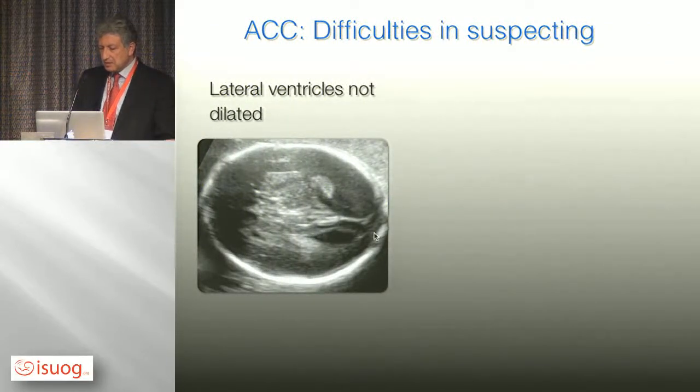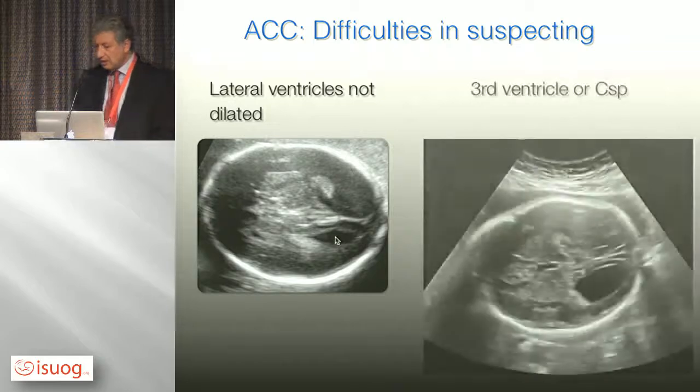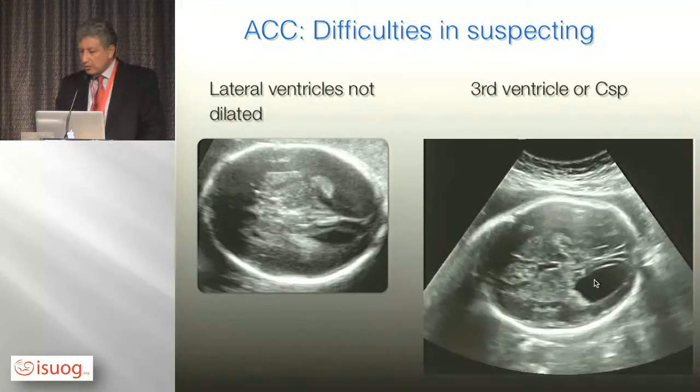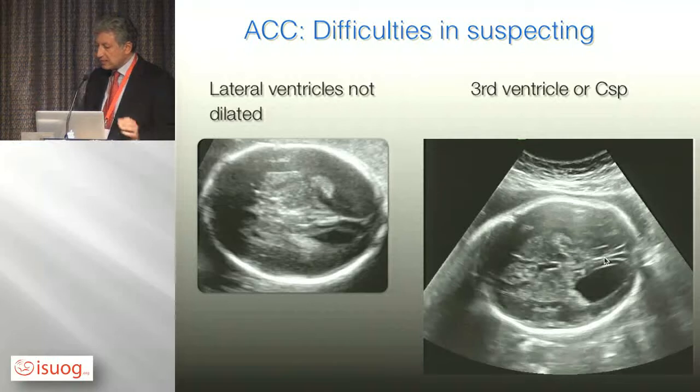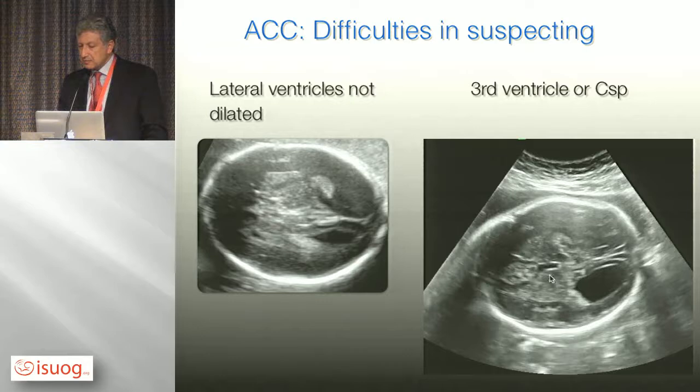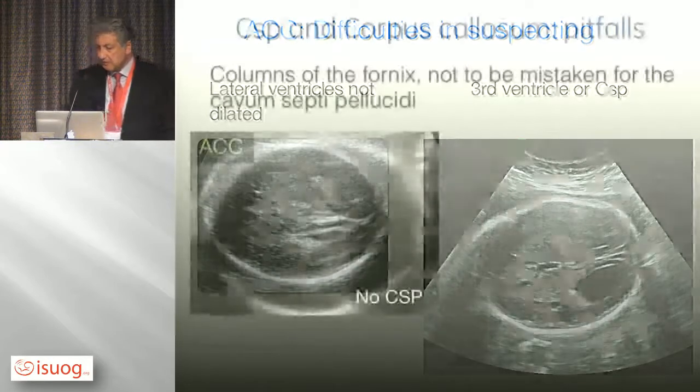In this case, I'm sure many years ago no one was looking at this brain as abnormal because there was no dilation of the ventricles and no hint. In this case, some people were maybe looking for the dilation and making the whole workup of hydrocephaly or ventriculomegaly, misinterpreting this as cavum septi pellucidi, but it's more in the middle, whereas the other one is more anterior, and you don't see the anterior horn, which should be seen.